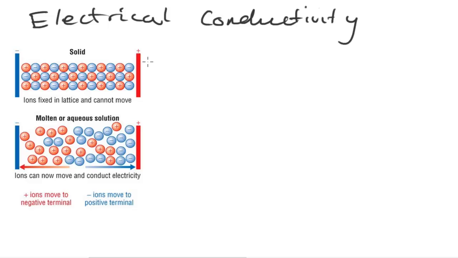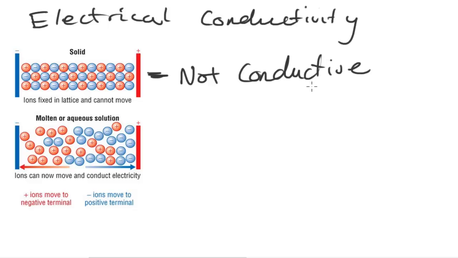Not only that, but the ionic bonds also prevent the electrons from moving. So no current is able to pass through, because the electrons are in a fixed position, as well as the ions. And so when ionic compounds are solid, they're not conductive. They do not conduct electricity when they're solid.